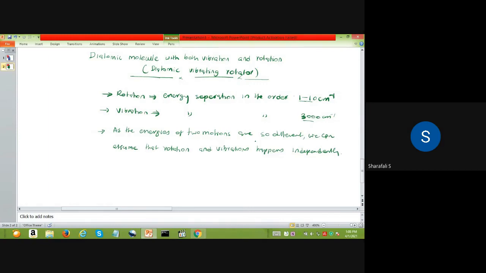We are treating vibration and rotation as happening independently, and this particular assumption is called the Born-Oppenheimer approximation.